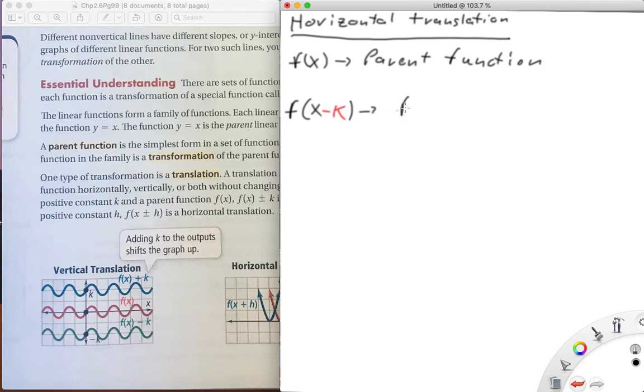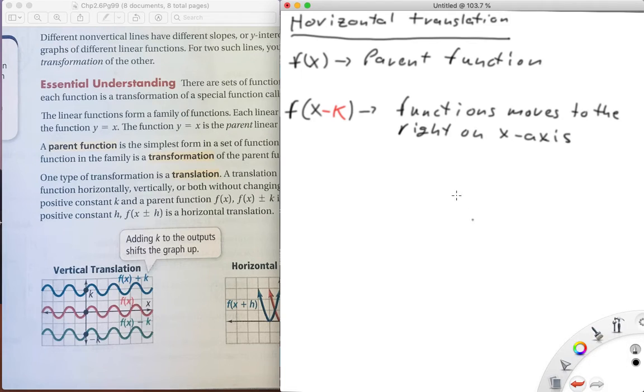So the function moves to the right on the x-axis. So it's a horizontal shift.